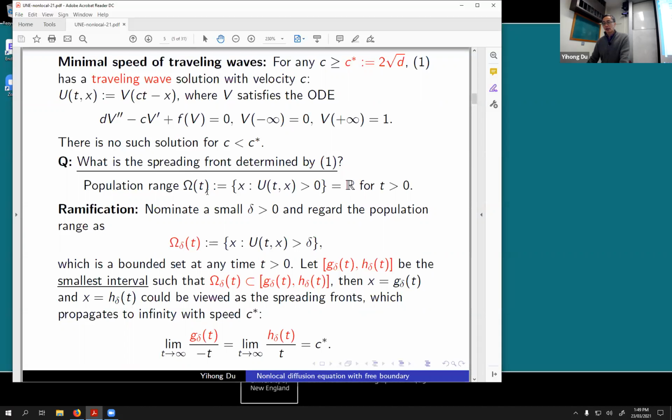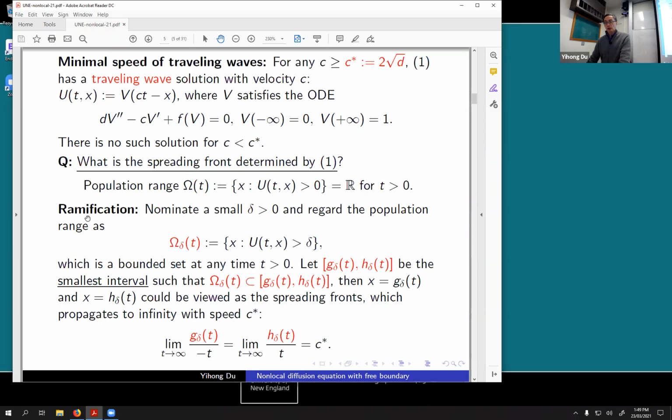But the mathematics tells us that once t is greater than 0, though initially the population is localized, this set is actually the entire R. So sometimes people talk about spreading at an infinite speed. Initially, U0 is compactly supported, but not for any U at time t when t is positive.